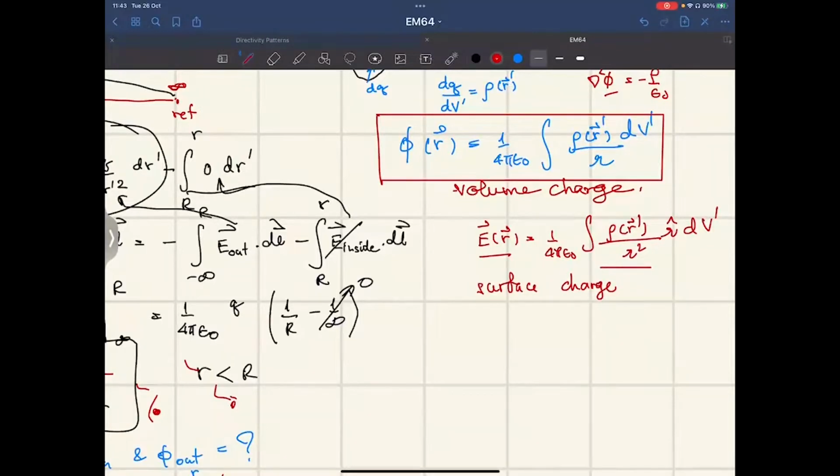I'm going to write down phi, the potential for the surface charge, is equal to 1/4 pi epsilon naught, the integral from lambda. This thing is not a surface charge, it's a line charge.